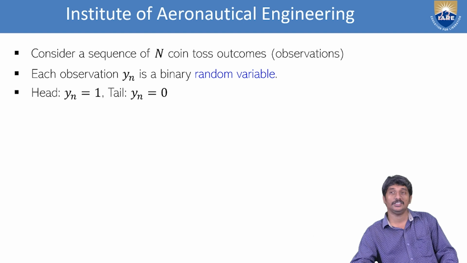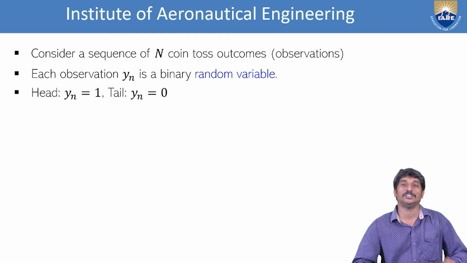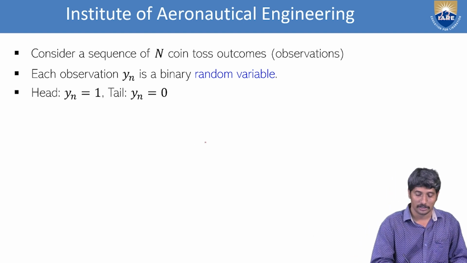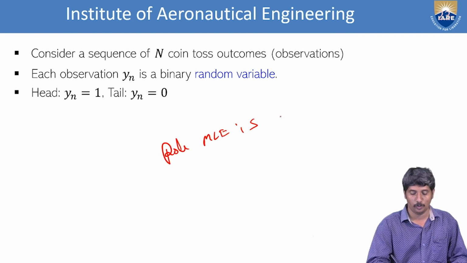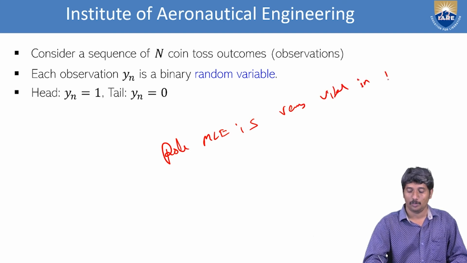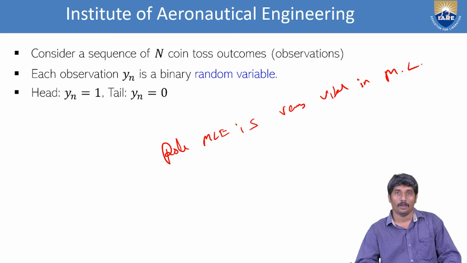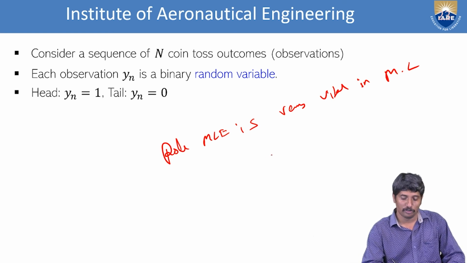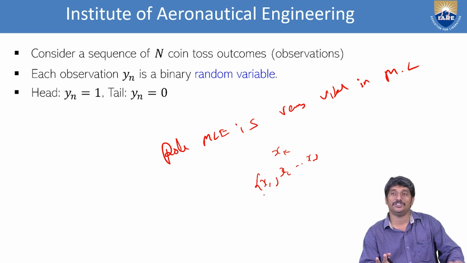Finally, I'd like to conclude the lecture with one small thing: the role of maximum likelihood estimation is very vital in machine learning, because to extract the missing features in a data set x1, x2, so on xn, we have to use a probability distribution.